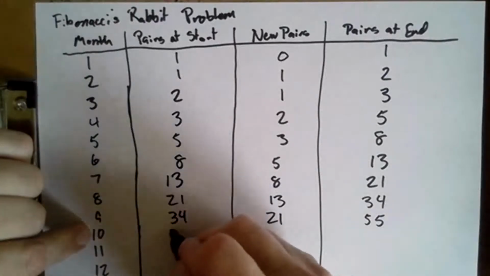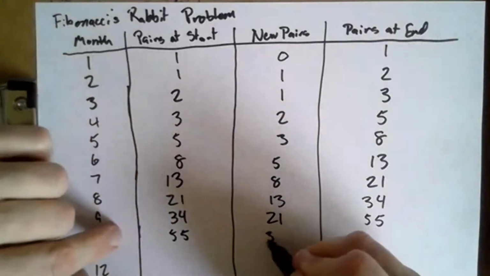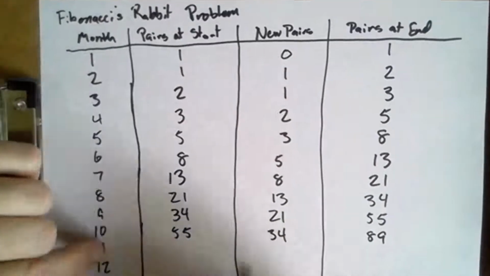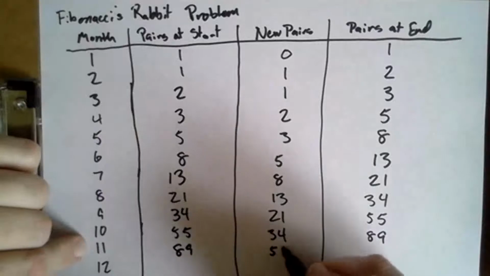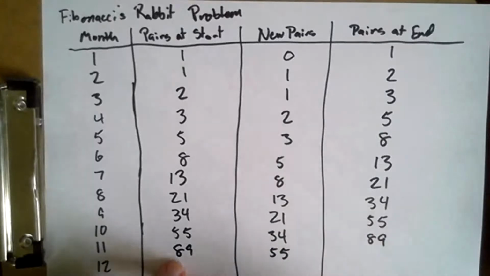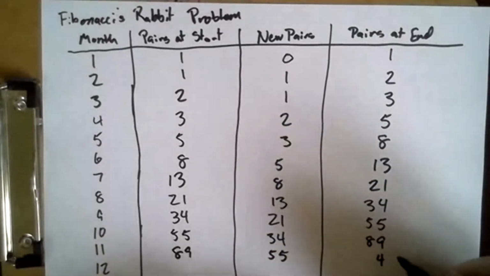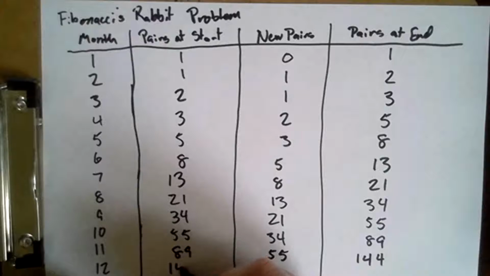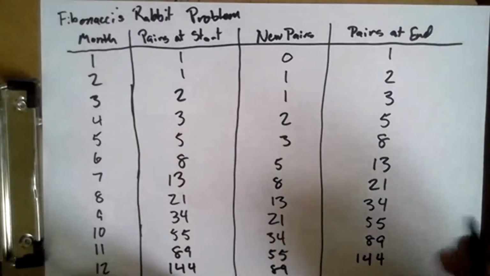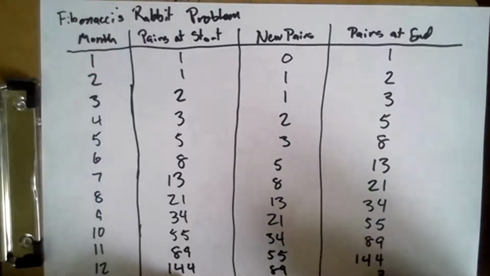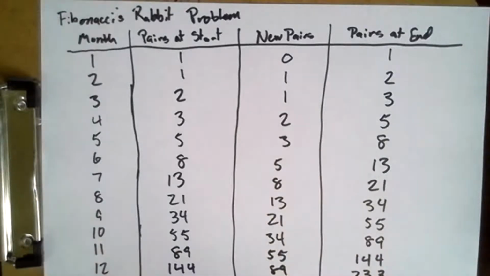We have 55 at the beginning of month 10. We get 34 new pairs. 34 plus 55 gives us 89 pairs. 89 pairs plus 55 pairs gives us 144 pairs at the end of the month. 144 pairs plus 89 pairs gives us a total of 233 pairs at the end of the year.